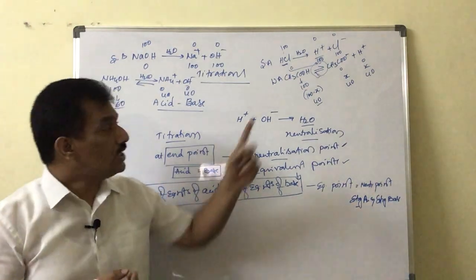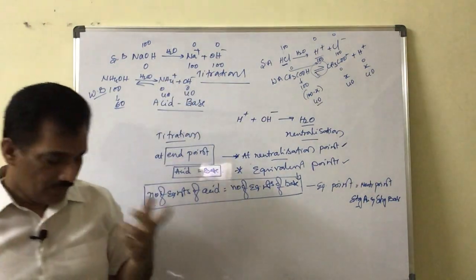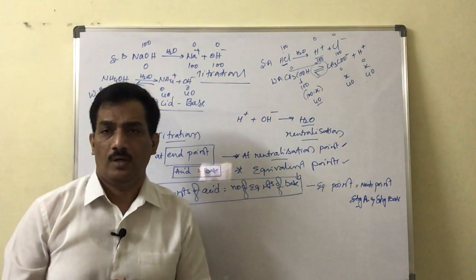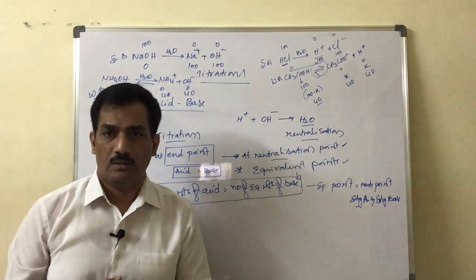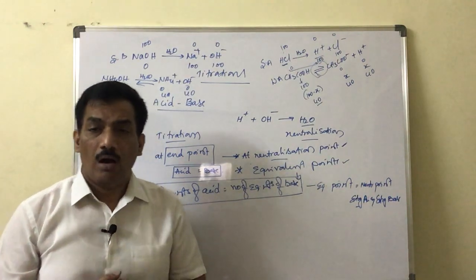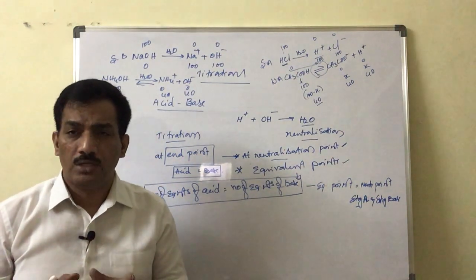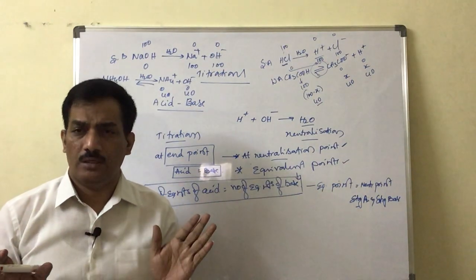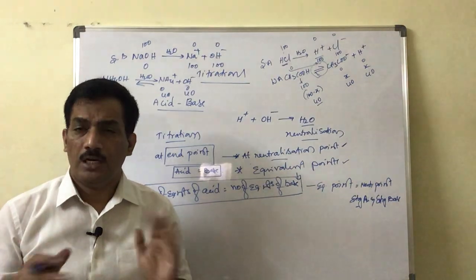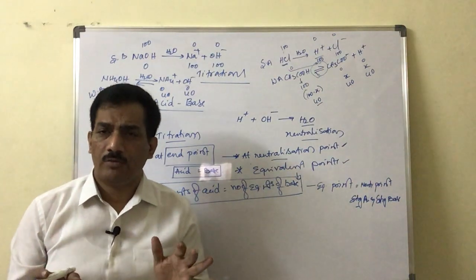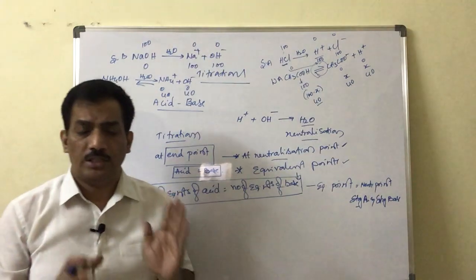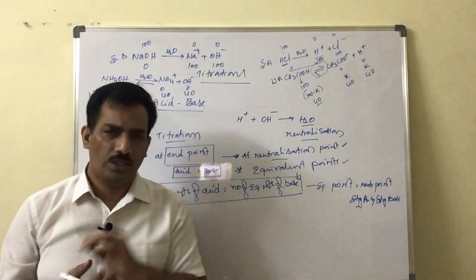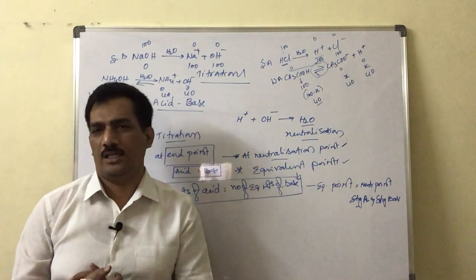If they are establishing an equilibrium, already you know, even in lower classes you learned that equilibrium reactions never go for completion. That means forward and backward directions are taking place continuously. The rate of forward reaction and the rate of backward reaction become equal, and thereby the reaction seems to be stopped. But actually it is not stopped. It is related to equilibrium. Okay, we will discuss in the equilibrium chapter.